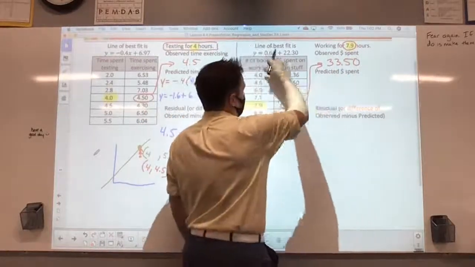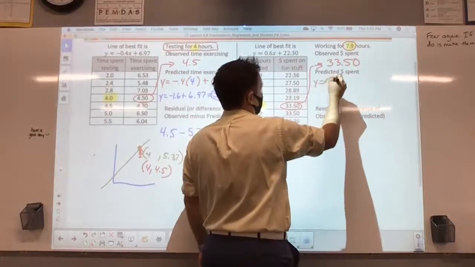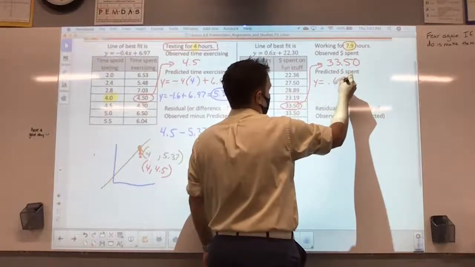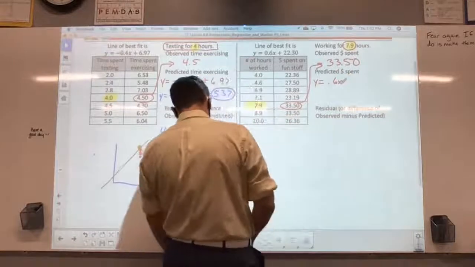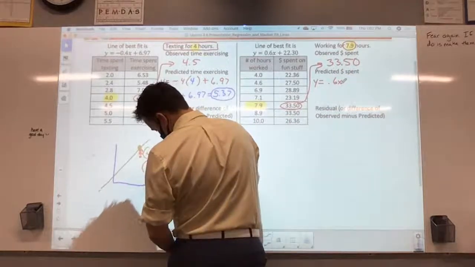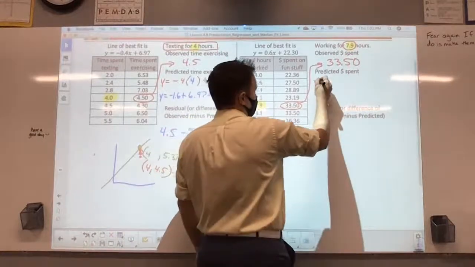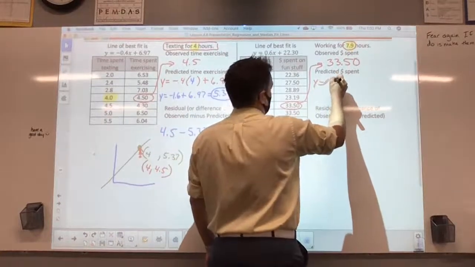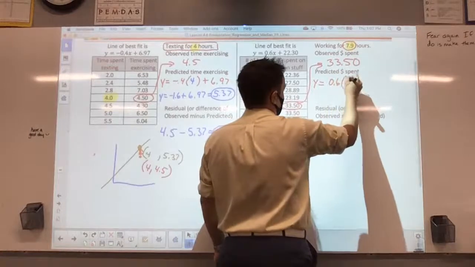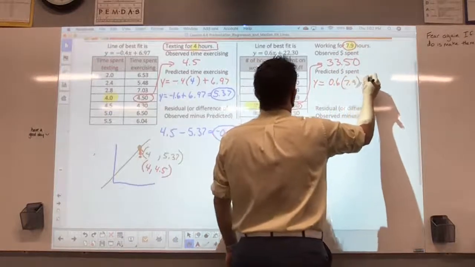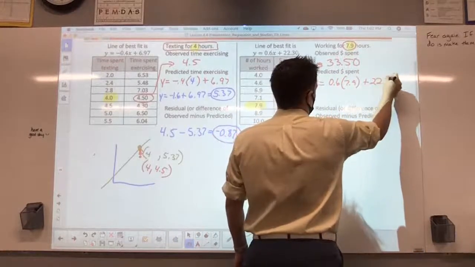All right, so here's another one, predicted. So it'd be y equals 0.6x. Instead of x, though, you put in the number, which would be what? 7.9, that's right. Y equals 0.6 times 7.9, and then it's plus 22.3.